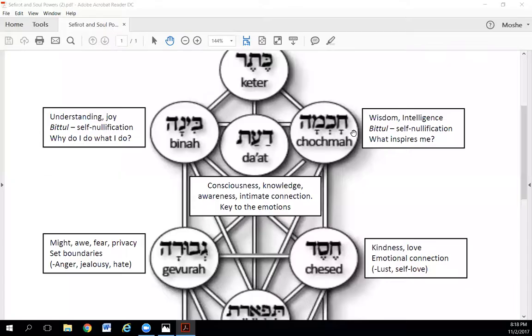The first zivug, the highest level of zivug, the zivug halev and the brit halev, of heart to heart and mind to mind, is an extremely high level of zivug. That's the zivug between chokhmah and bina.